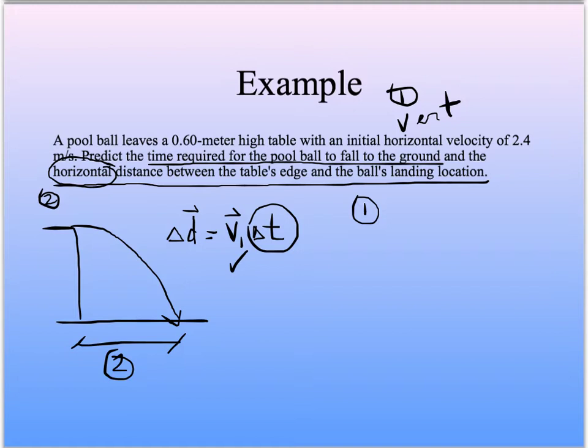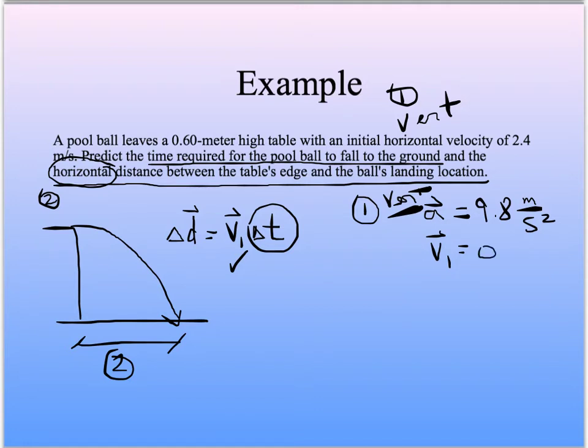All right, and so to find the answer to 1, how long will it take the ball to fall to the ground, we know that the acceleration will equal 9.8 meters per second squared, because it's accelerating due to gravity. We know that the v1 of the ball vertically speaking will be 0.